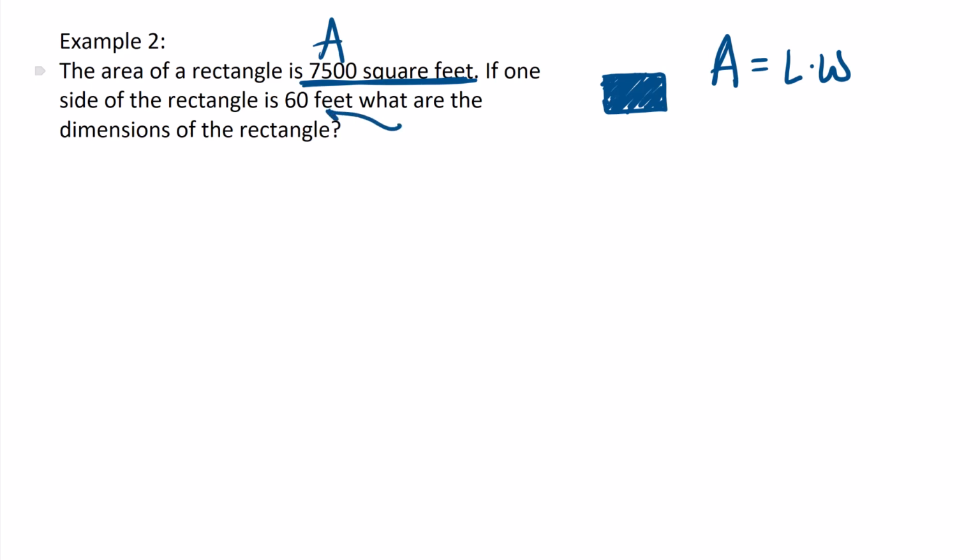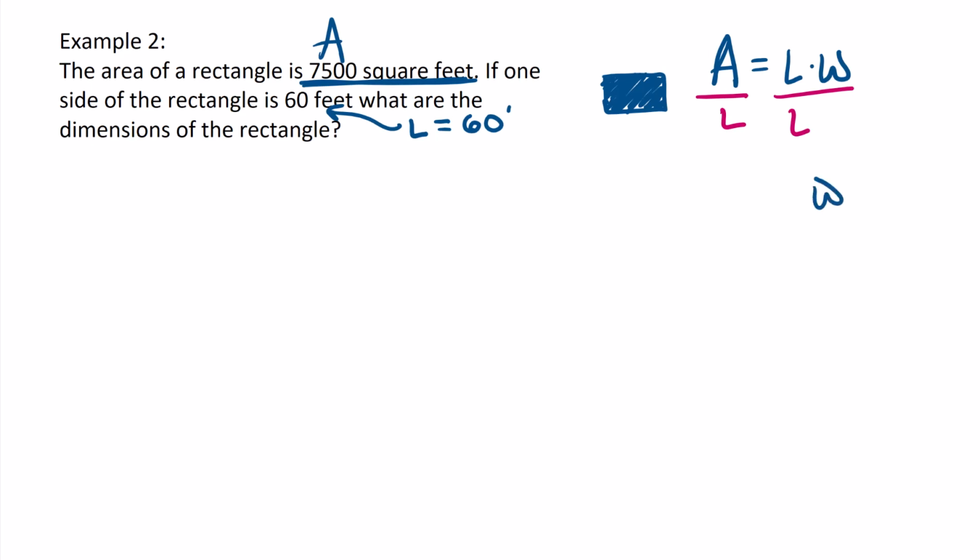So we could call this the length. It doesn't matter which is assigned as the length and which is assigned as the width at this point. We just need to assign one variable to the 60 feet so we can find the other. So if we're trying to solve for W, I'm going to go over to my formula for the area of a rectangle and divide by L on both sides.